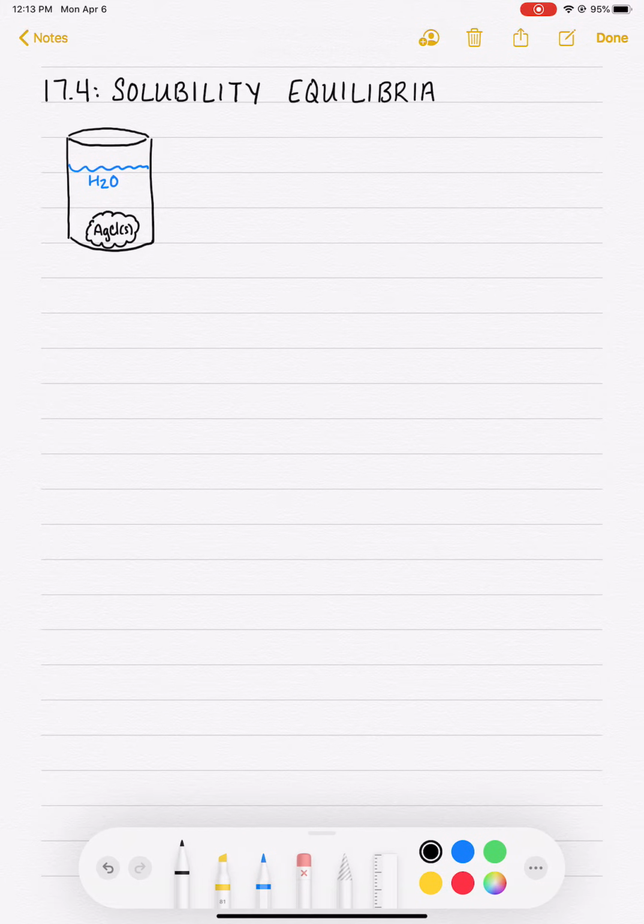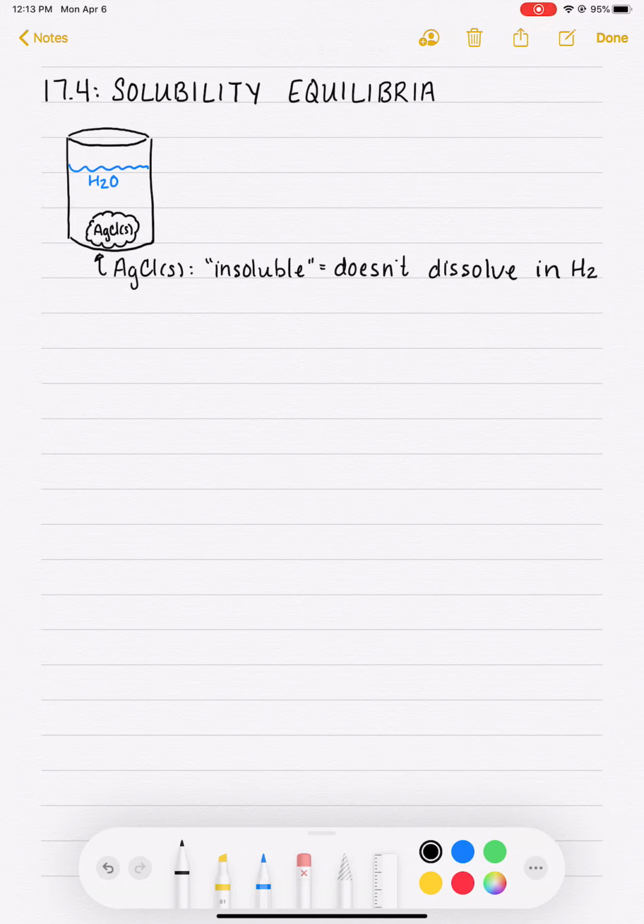Silver chloride is an insoluble solid, meaning that it does not dissolve in water, which means it doesn't dissociate in water.